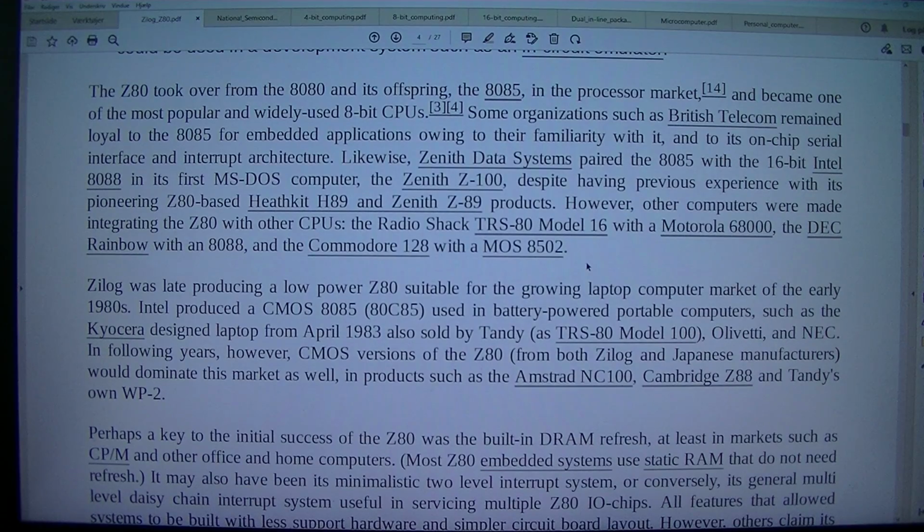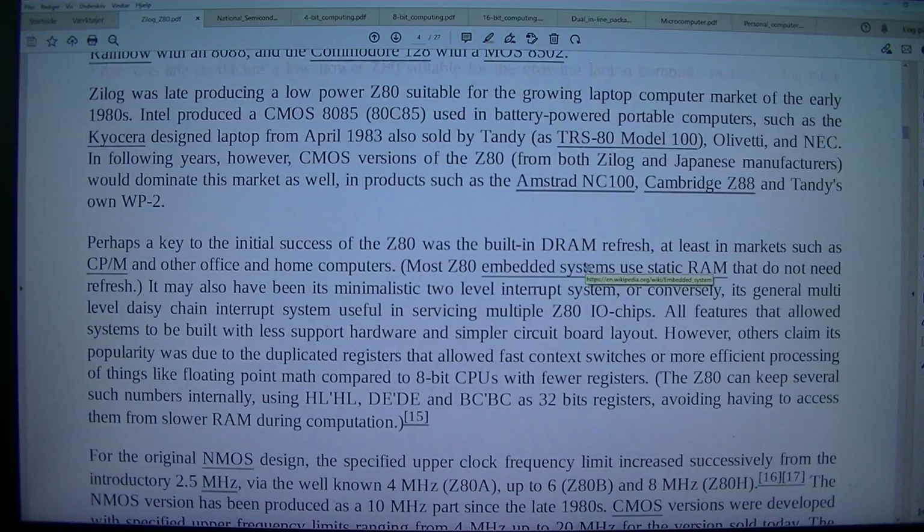Zilog was late producing a low-power Z80 suitable for the growing laptop computer market of the early 1980s. Intel produced a CMOS 8085, the 80C85, used in battery-powered portable computers, such as the Kyocera-designed laptop from April 1983, also sold by Tandy as the TRS-80 Model 100, Olivetti, and NEC.